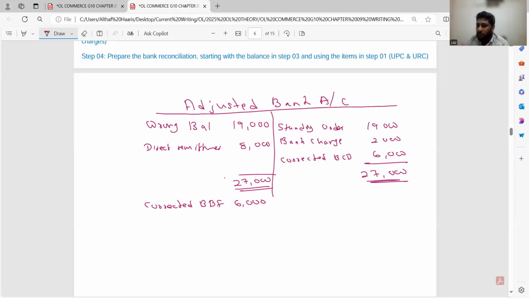She or he will expect their words in your answer. Sometimes they won't use adjusted bank, they will use revised bank. Sometimes they won't use wrong balance, just balance brought forward, and they will use the adjusted balance. Different wordings can be used. In your O-level exam it's not a problem. For the school term test, do it the way your school teacher says.